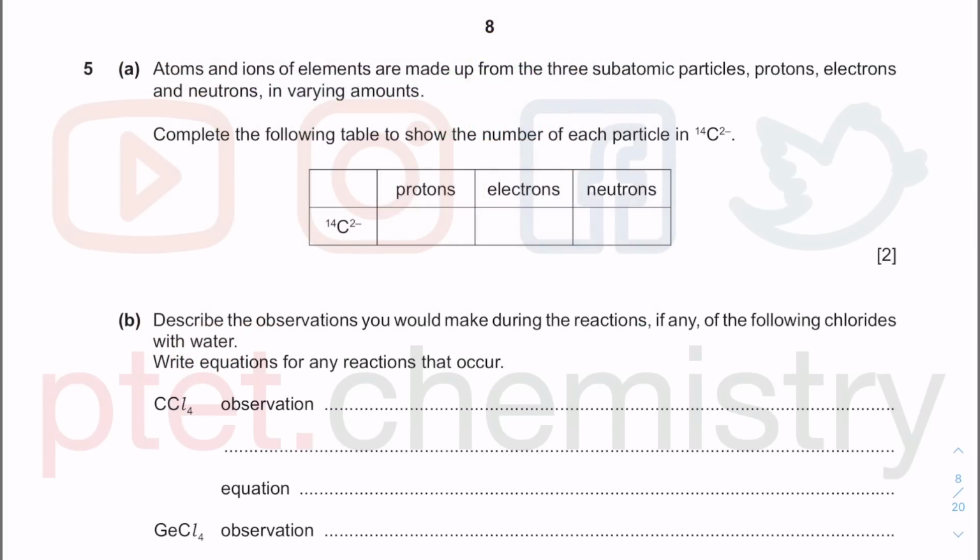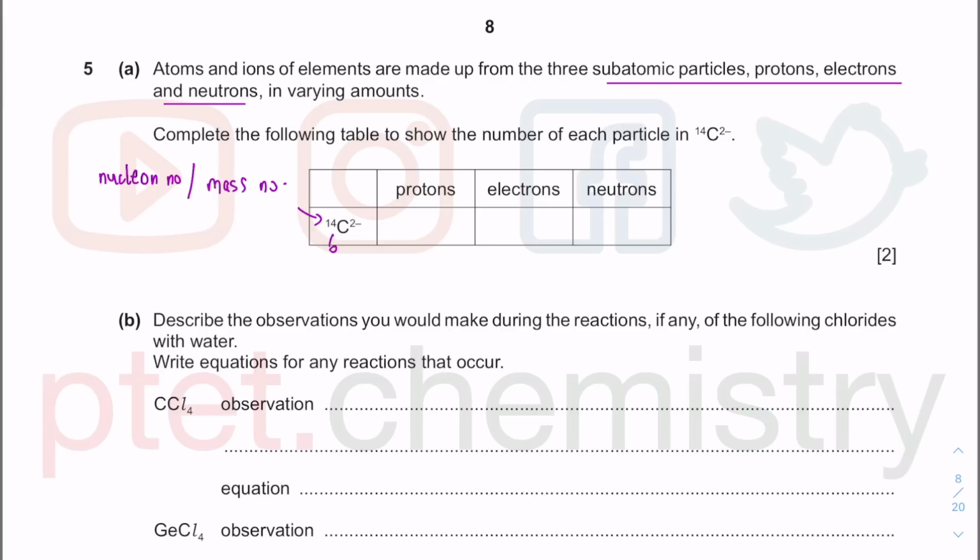In this question number 5, we have atoms and ions, and we are talking about 3 subatomic particles: protons, electrons, and neutrons. The number on top is called the mass number, also known as the nucleon number. It's the number of protons plus the number of neutrons in the nucleus of an atom.